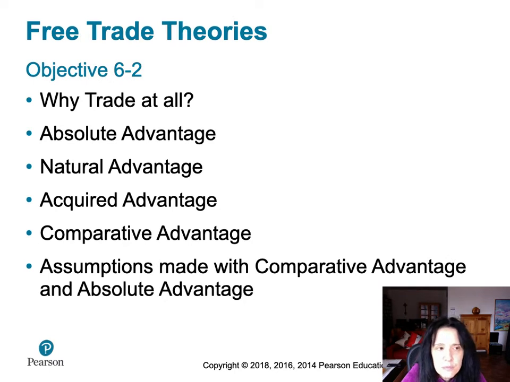So learning objective 2 is the opposite of learning objective 1, because we're trying to understand the historical and the current rationale for the interventionist and the free trade theories. So why do countries trade at all? To begin with, no nation has all the natural resources, geographic conditions, and technology necessary to produce everything we consume today.